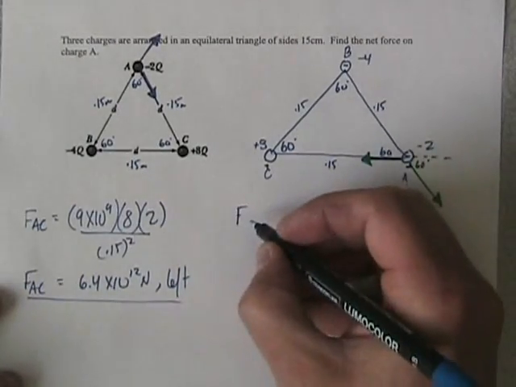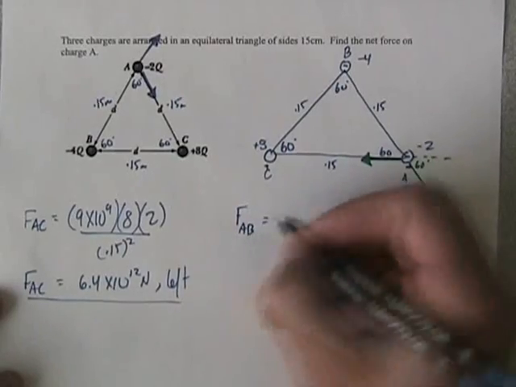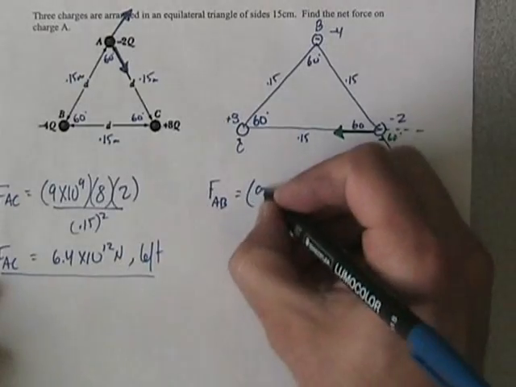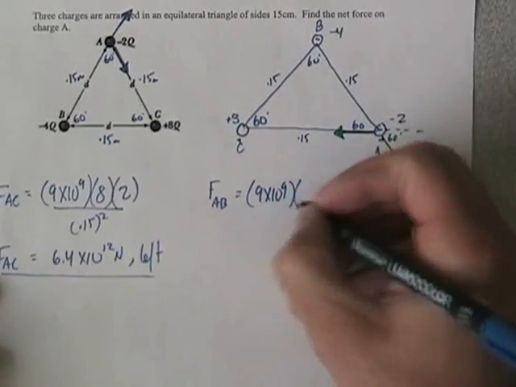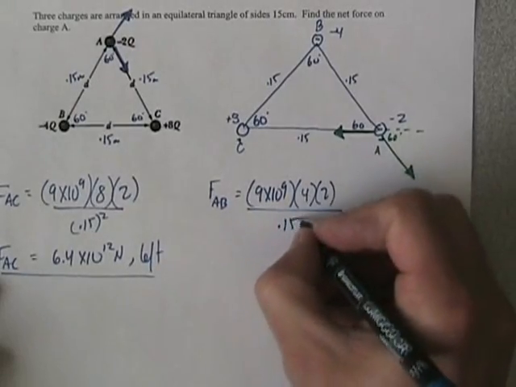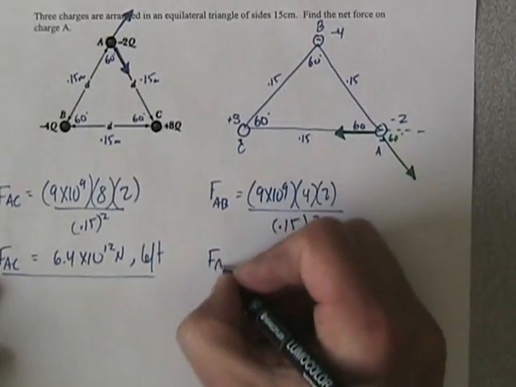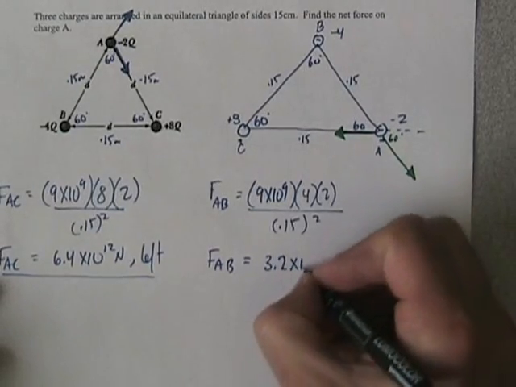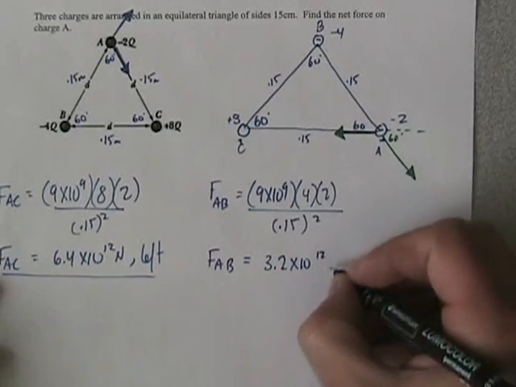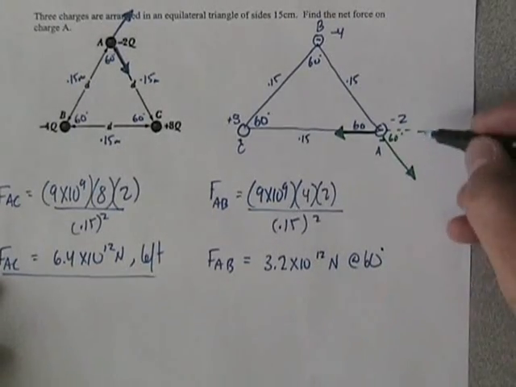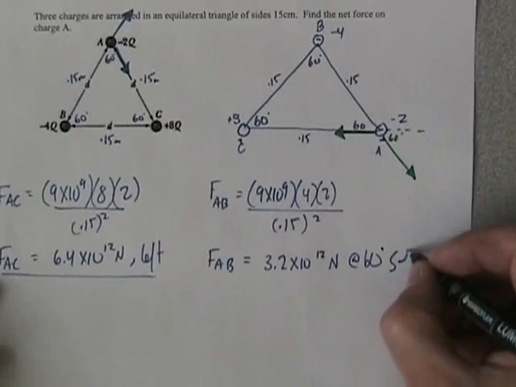I'll also find FAB, which is going to be this one, which will end up being off at an angle. 9 times 10 to the 9, and it's going to be 4 and 2, over 0.15 squared. That's going to end up being 3.2 times 10 to the 12th newtons at 60 degrees south of east.